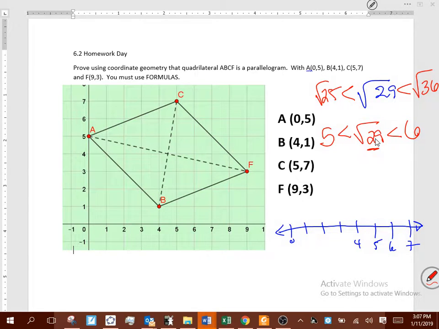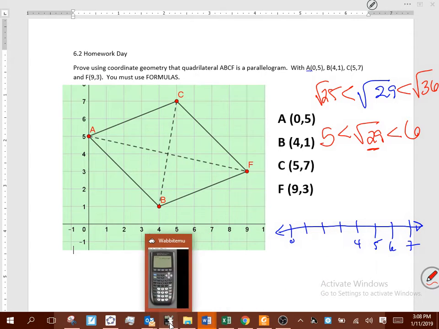Now is it about in the middle? Or what number would be the middle of 25 and 36? Yeah, about 30.5, okay? So right in the middle would be 5.5, right? This one's less than that. So you can kind of guesstimate, maybe this is about 5.3, 5.4.